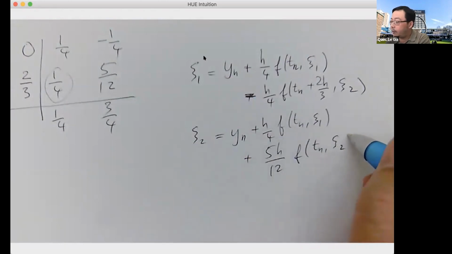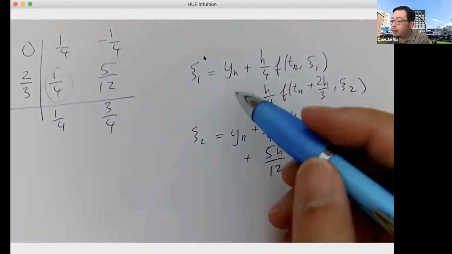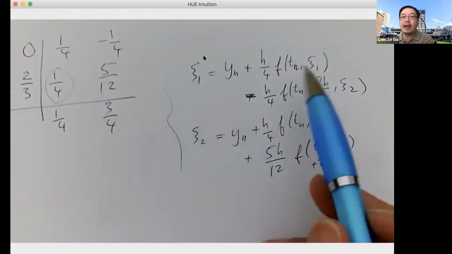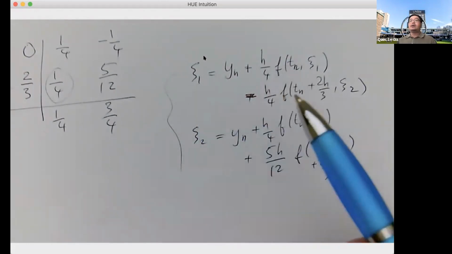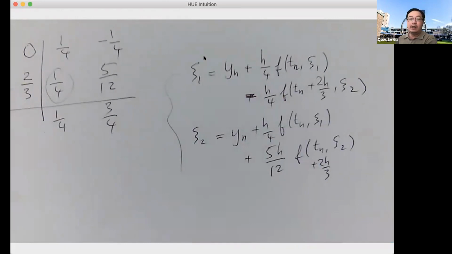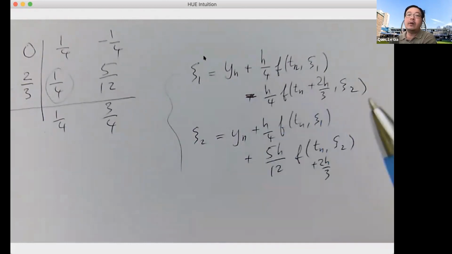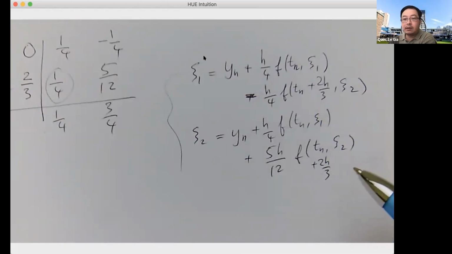We forgot the 2h/3, so we have to put 2h/3 here. So you got xi1 and xi2 on the left and on the right hand side. So every step you have to solve a system of two nonlinear equations, because f here can be nonlinear. You know how to solve it already by fixed point iteration, Newton methods, bisection method, or the fsolve command.